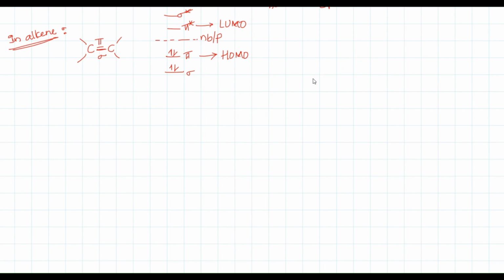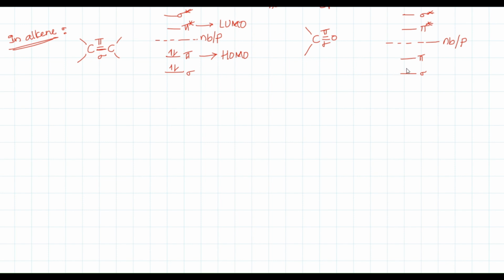Another example, C double bond O. Here one sigma bond and one pi bond are there, same as alkene, right? This is sigma, this is pi, this is non-bonding or p orbital, this is pi star, and this is sigma star.